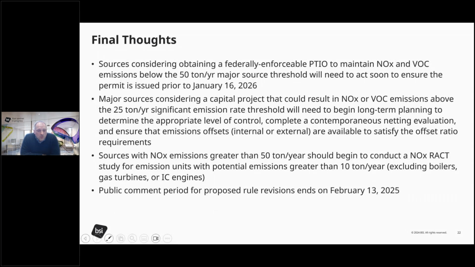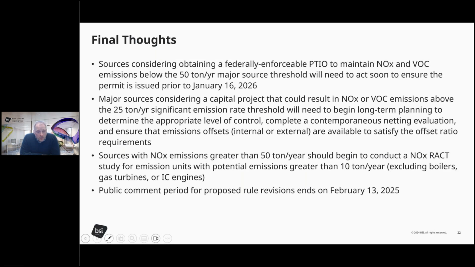So for the sources that are now a major stationary source, those with between 50 and 100 tons per year of NOx or VOC, you do need to submit. You're now subject to Title V. So if you didn't have a Title V permit for other pollutants, you now need to submit an application for a Title V permit. So you'll go from a PTIO to a Title V source.